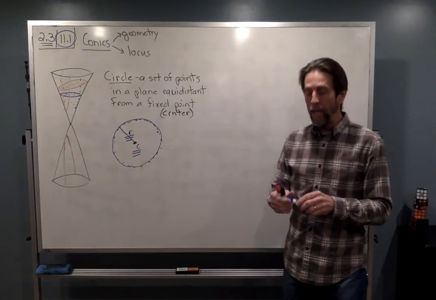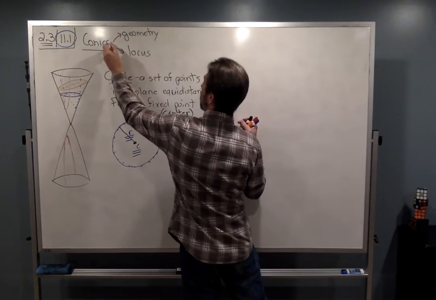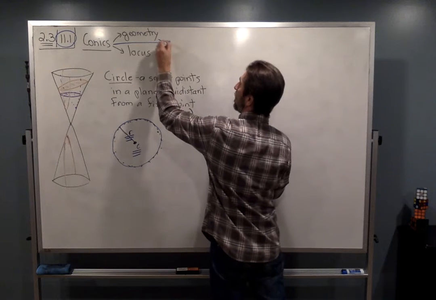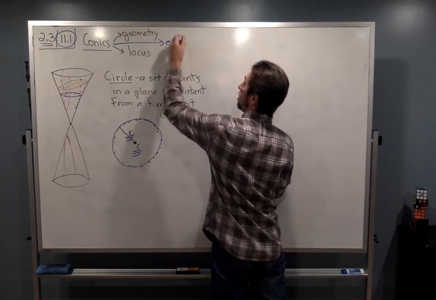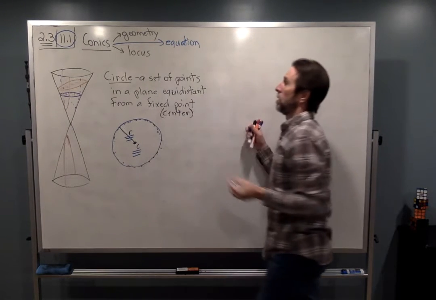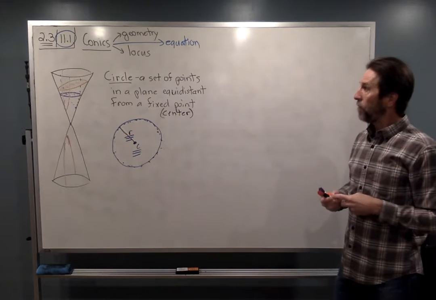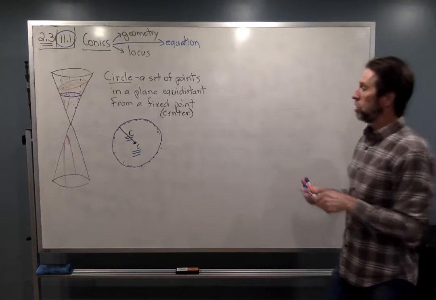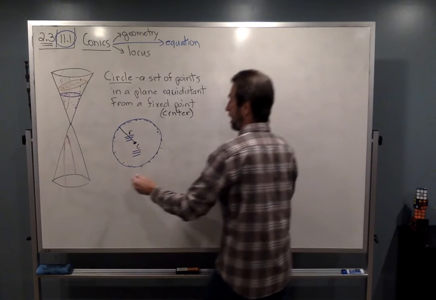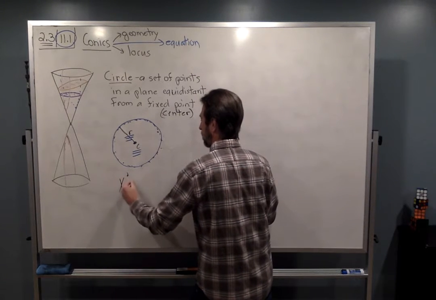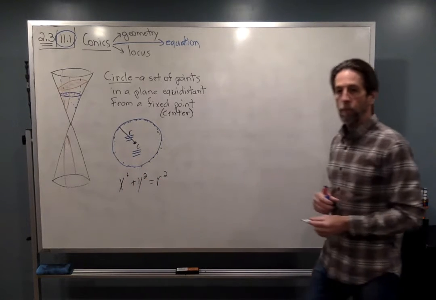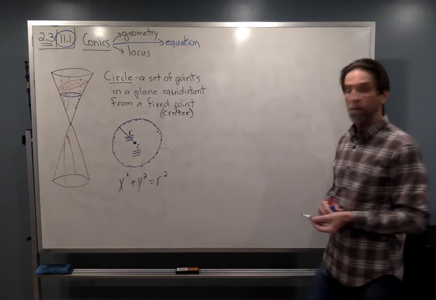Now, we tend to focus on the third way of thinking of conics, and that is by an equation or a function. If we put these on an xy axis, the equation for a circle could be considered to simply be x squared plus y squared equals r squared. Again, standard, you've seen that before.